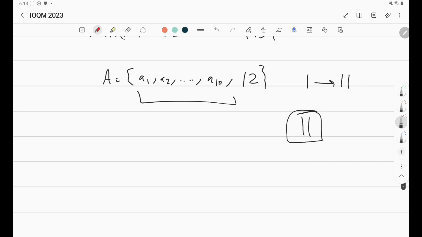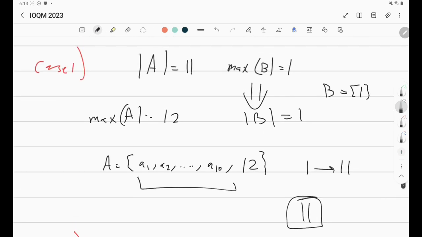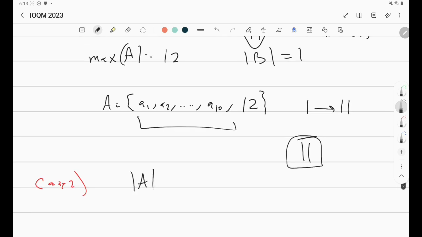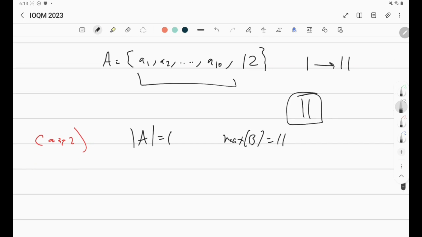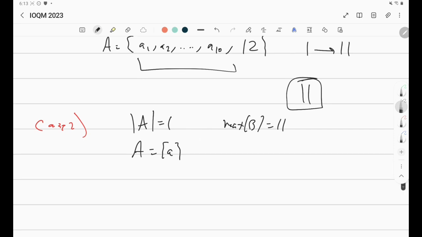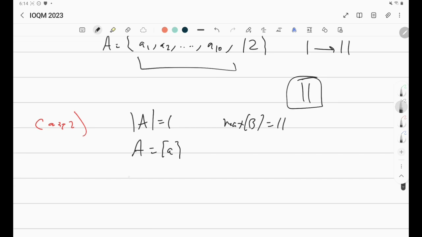Nice. The other case is the cardinality of A is 1, so A is just one element, and the max B is 11. So now A is just a single element, and for B we just think about its max. Now the second piece of information tells us that the max A, which is just A, times the cardinality of B is 12.